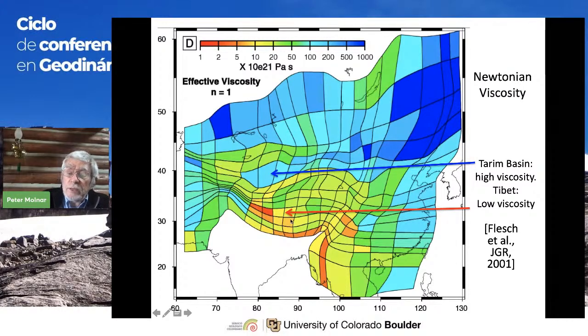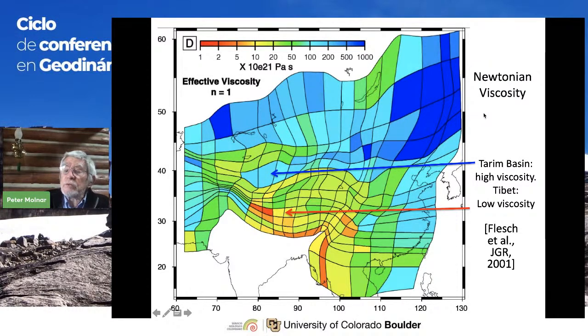So Tibet is soft. We think we know this. It's hot. The crust is thick, but it's not a strong region, whereas the Tarim Basin is strong. The Tian Shan come through here, but then one goes into a strong region, and northeast China up in here is also quite strong. They haven't solved for India. India is an indenter, and it's not part of what they're doing.